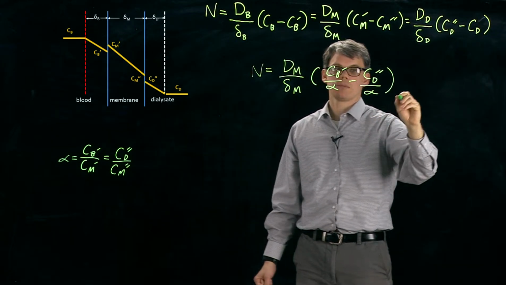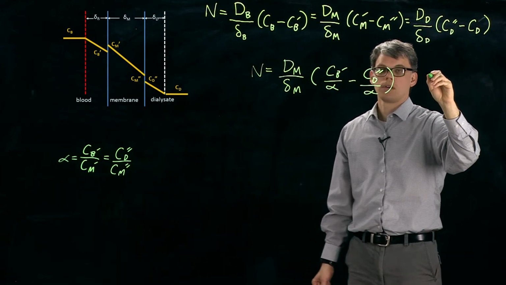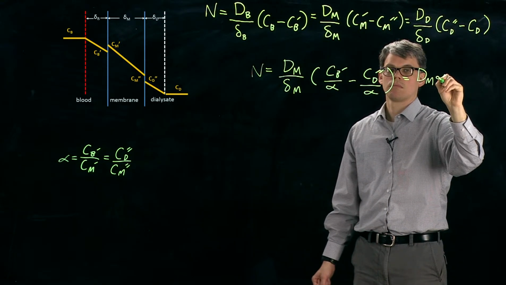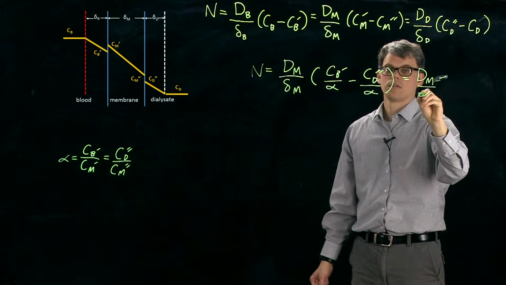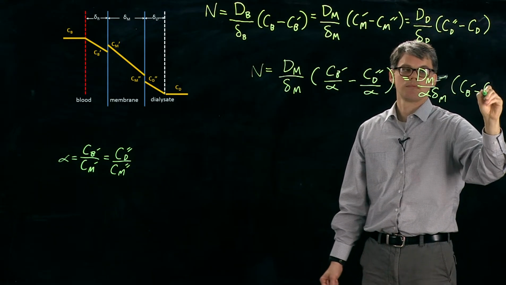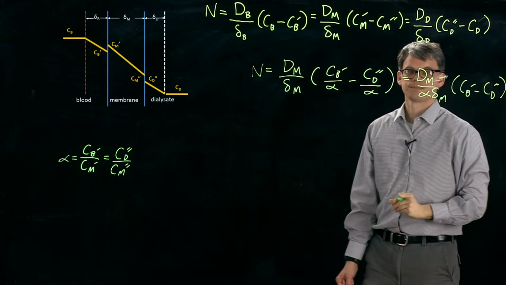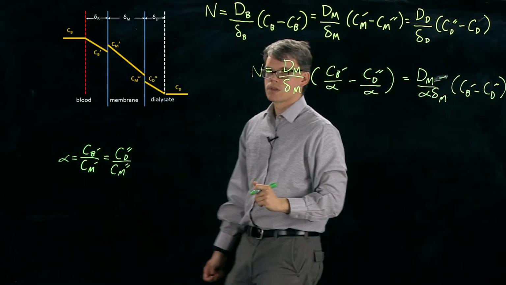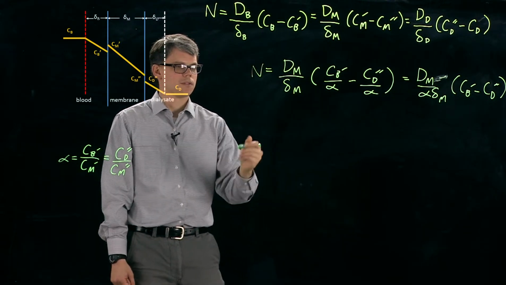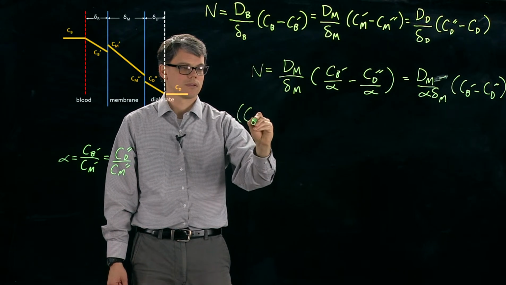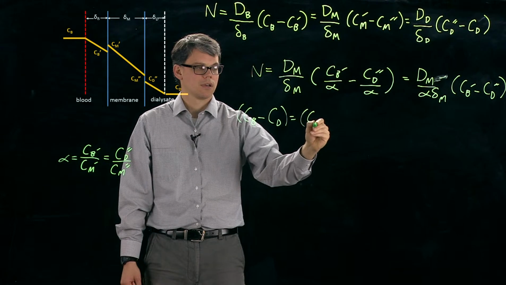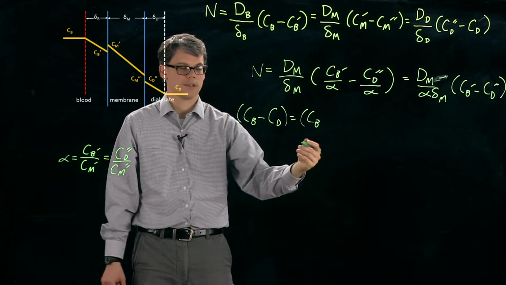And then, of course, the whole thing could be rewritten over alpha theta m. So, what next? Well, the total concentration difference between the blood and the dialysate is simply the sum of the concentration differences in the different regions.